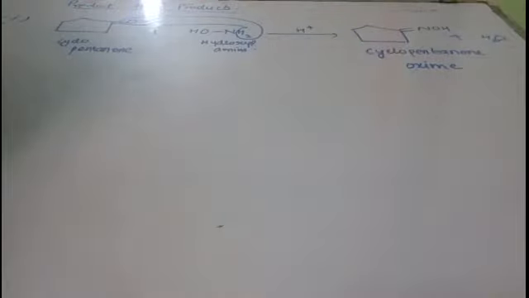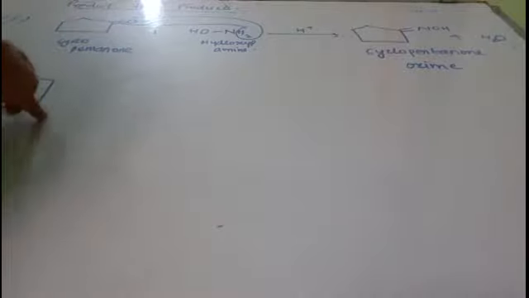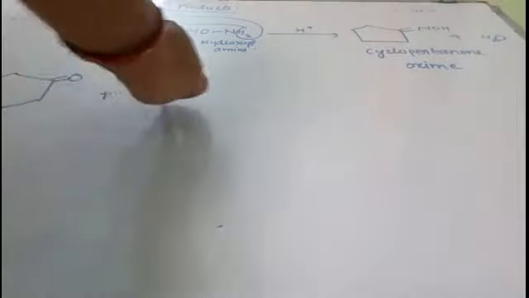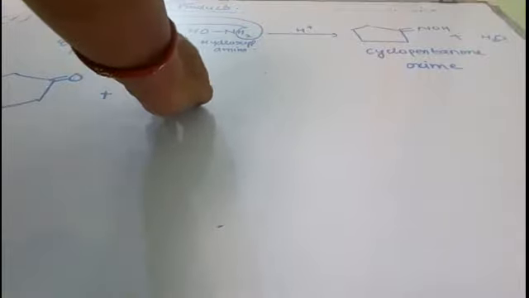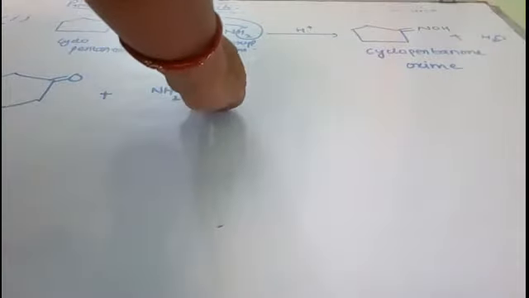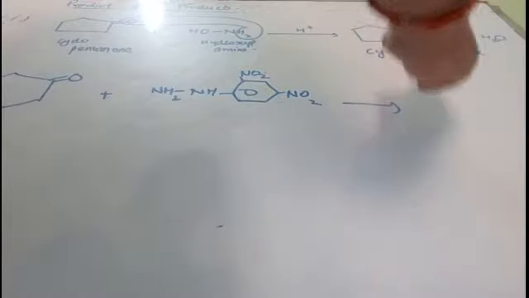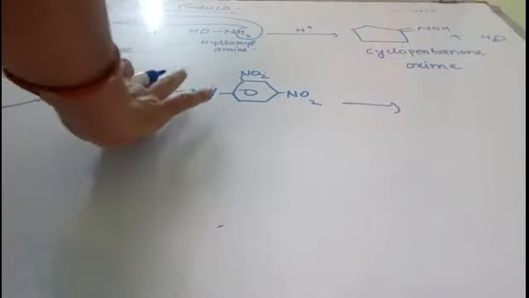Then the second one is given. We have cyclohexanone given, right? And it is reacting with 2,4-dinitrophenylhydrazine. So when it reacts with 2,4-dinitrophenylhydrazine, I will write it as H2N.